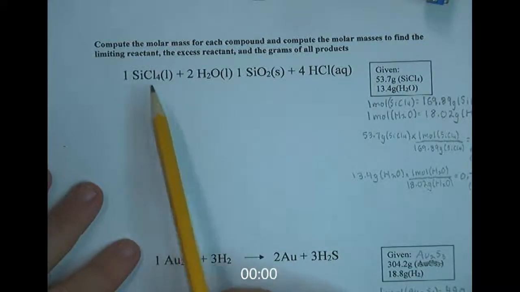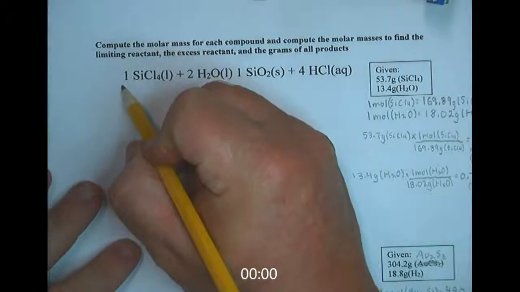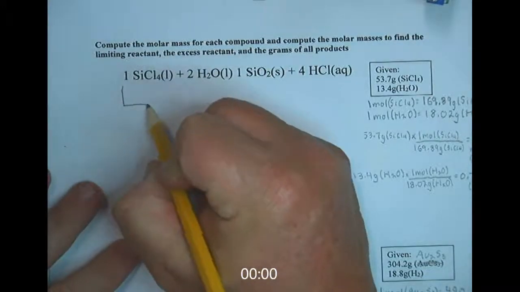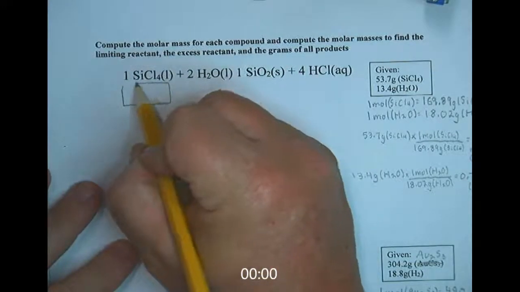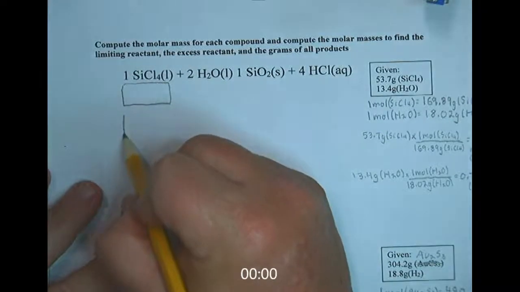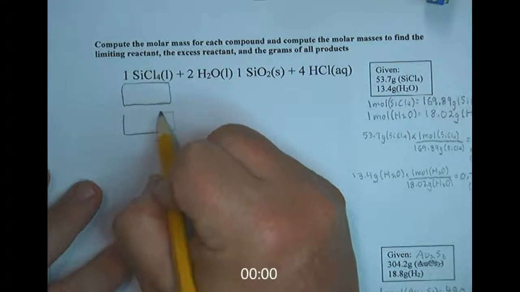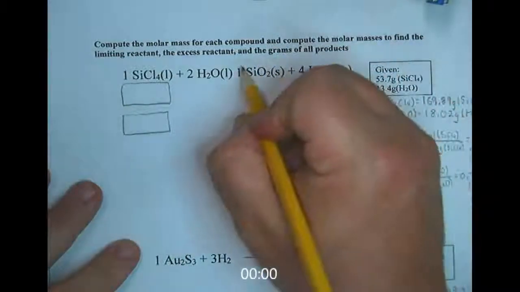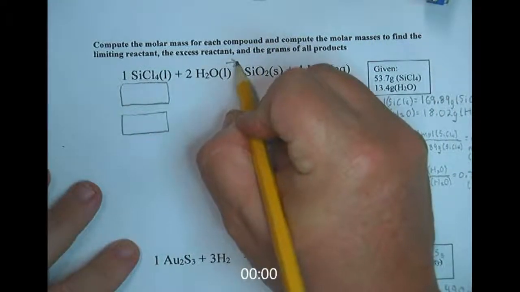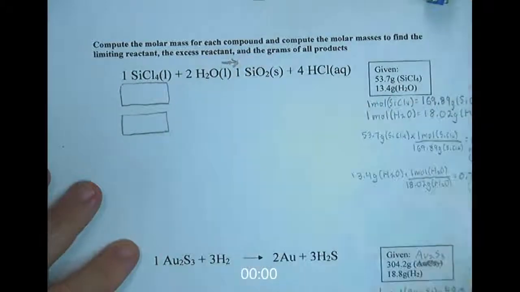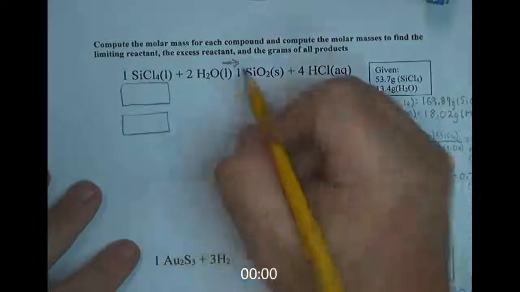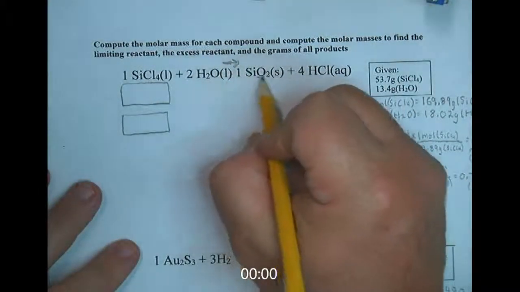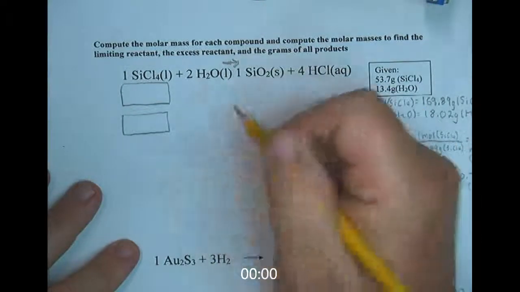So I have silicon tetrachloride here. So I'm going to put a box here, a box here, and then one underneath the water. By the way, there should be an arrow right here, which I muffed and didn't put in there. So go ahead and be sure that gets put in there. It's right in between the water and the silicon dioxide there, okay?